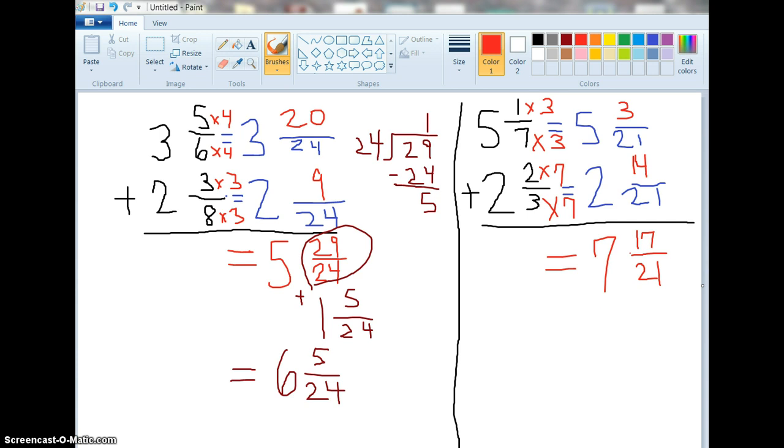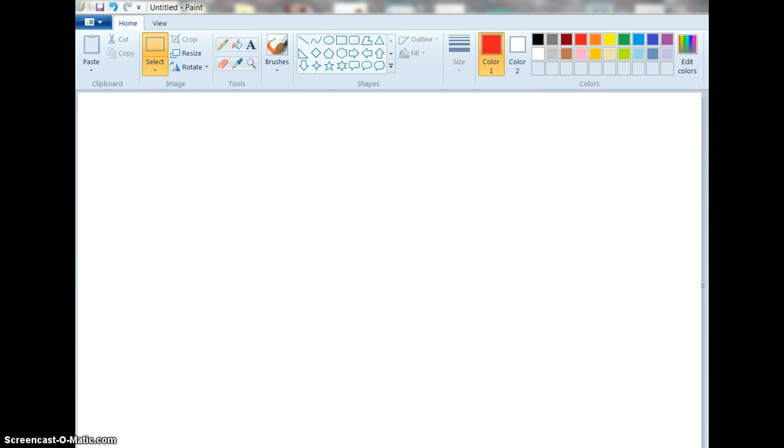Let's look at another example, this one involving subtraction. So we have the following question: 5 3/4 minus 1 1/10.